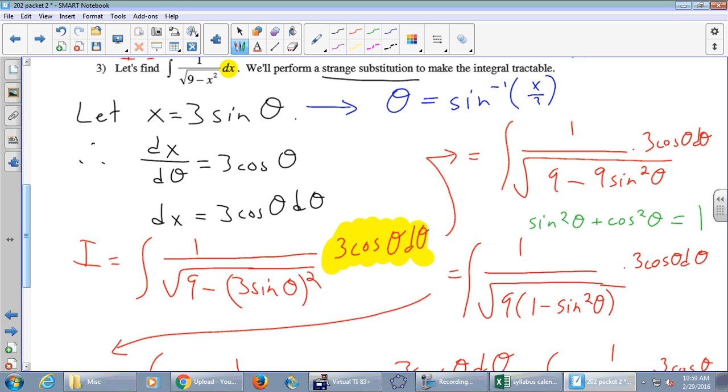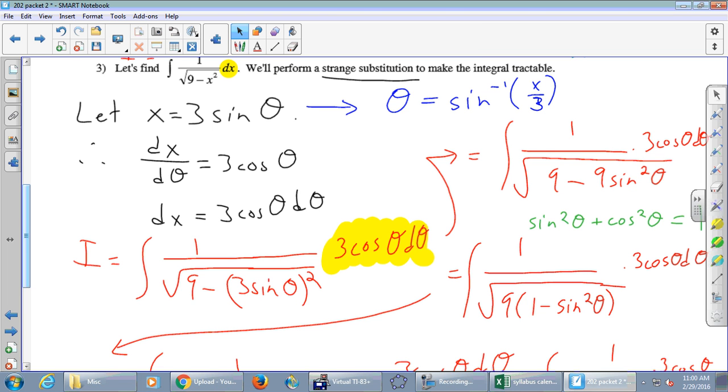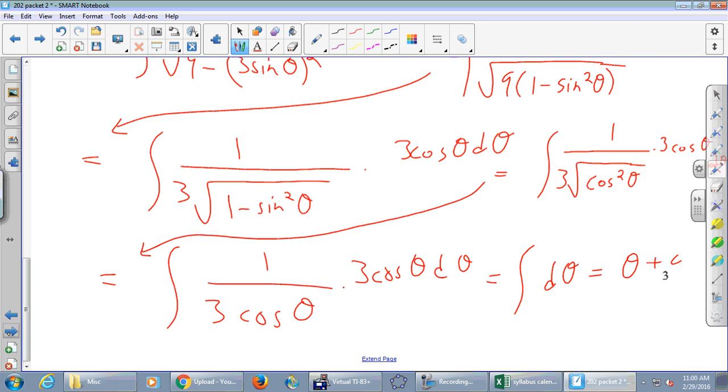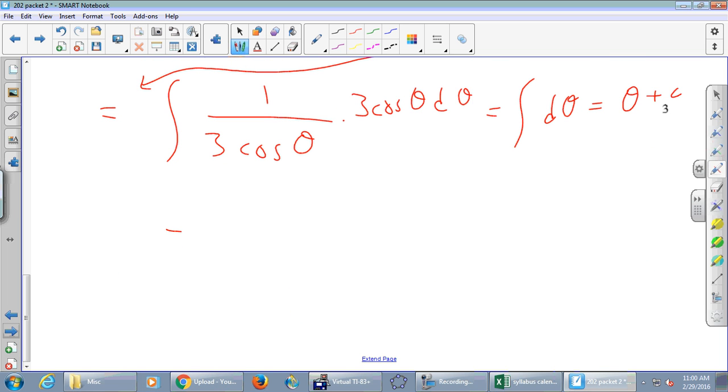We need to figure out what theta is. So we divided both sides by 3 and then take the inverse sine. So inverse sine of x over 3. That's what we're going to put in our final answer. Okay, so our last answer here equals inverse sine of x over 3 plus c.